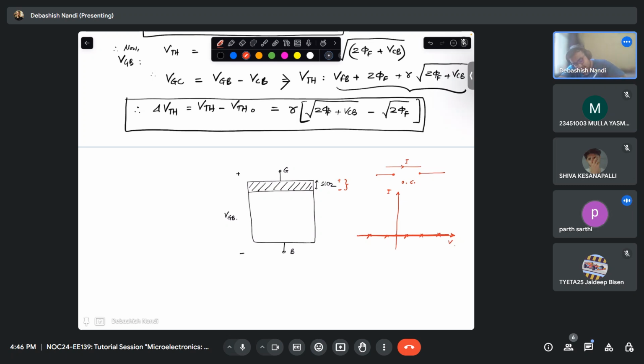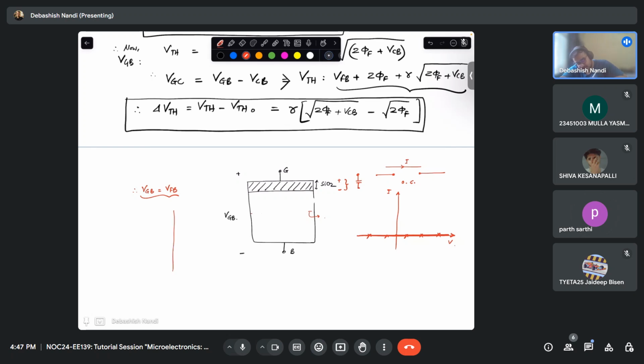In my case, if there are other terminals where charges are present, my ground plane shifts to this, so there will be two parallel plate capacitors. When VGB is equal to VFB, there is no charge in the semiconductor. That means there is nothing present, so your only capacitance will be this one.